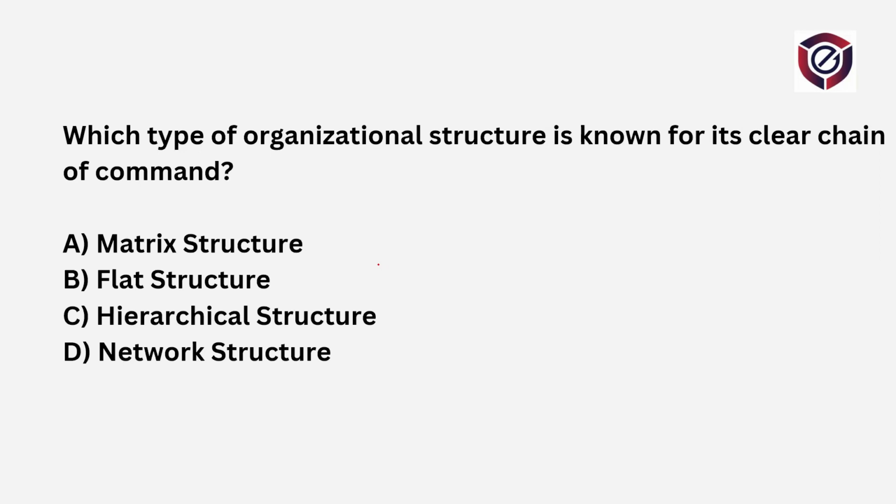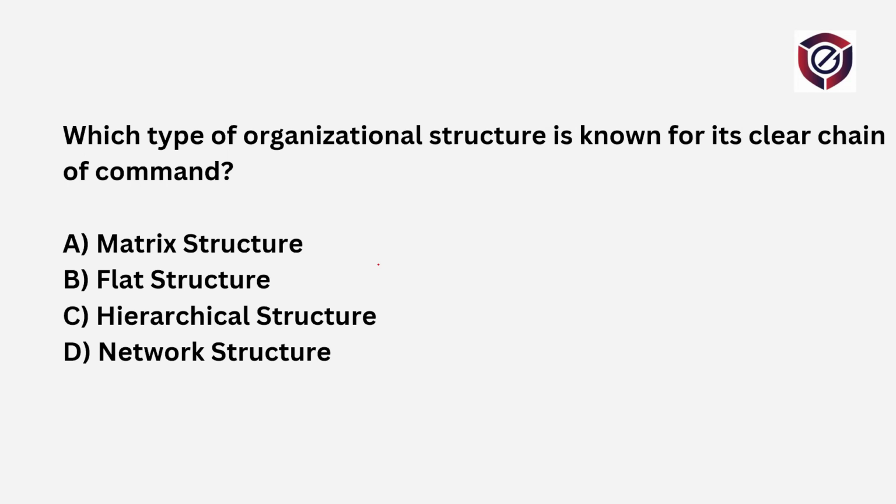Behind the CEO there will be general managers. Below the general manager we will have assistant managers, under the assistant manager we will have team leads, and below the team lead we will have the employees. So there is a particular hierarchy, and here we have a clear chain of command.